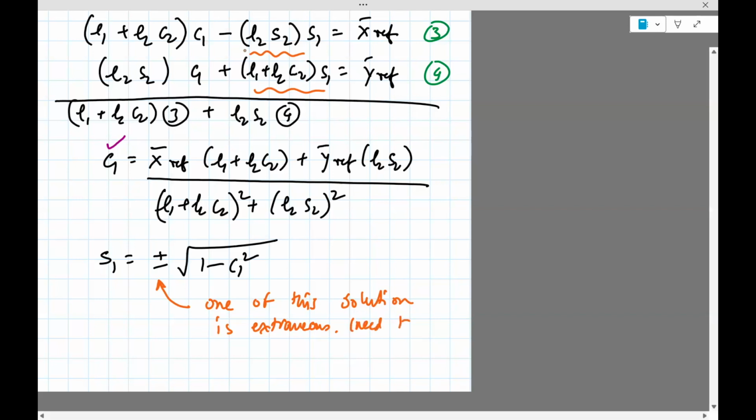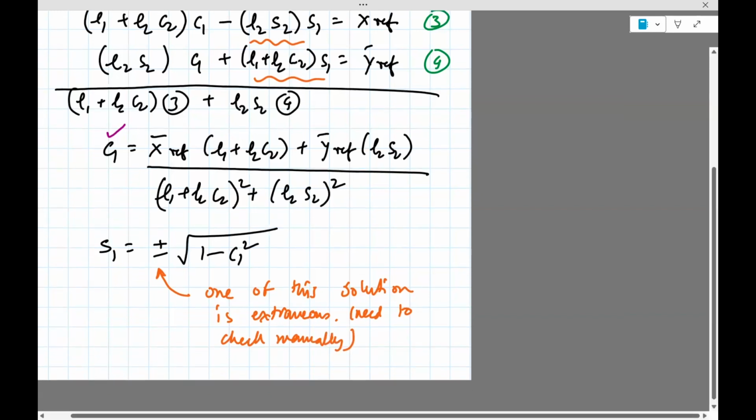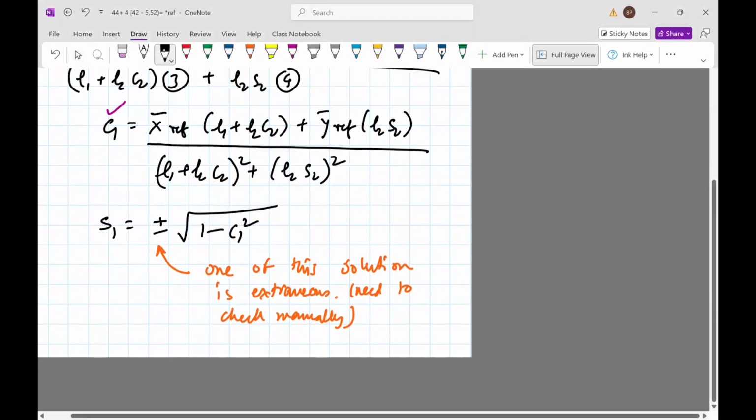I'll show you how to check manually. And the final thing is to compute theta3, which is basically theta ref minus (theta1 plus theta2). So we have now computed the solution theta1, theta2, theta3 just by hand. It's a luxury you get for certain problems, not for everything.